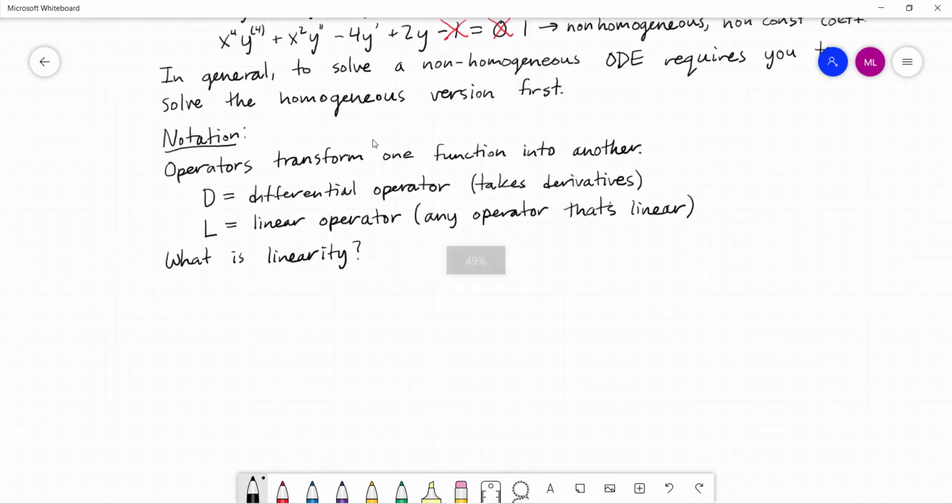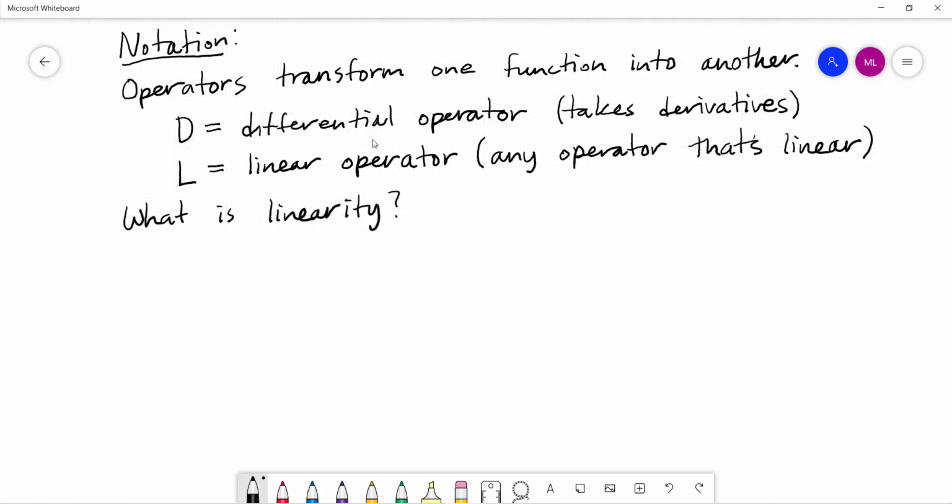So in the context of an operator, what is linearity? Linearity is basically a preservation of these two properties. If you take a linear operator of some constant times some f of x, it has to be equal to c times L of f of x. So basically, for a linear operator, you can pull constants out. That's one property of a linear operator that has to be preserved.